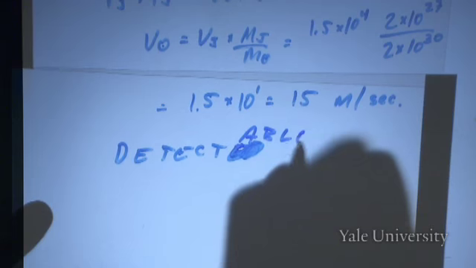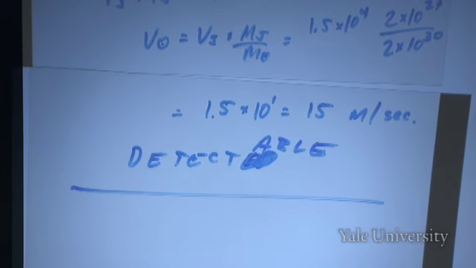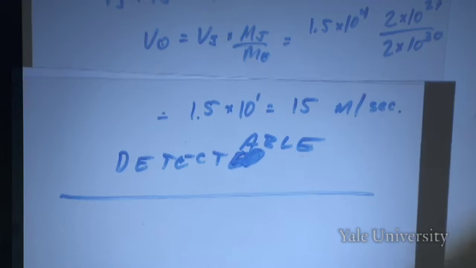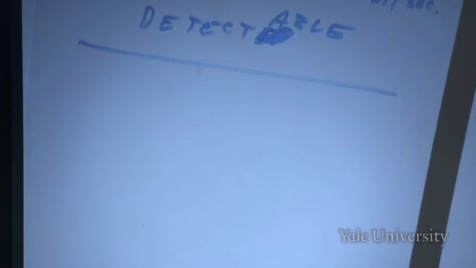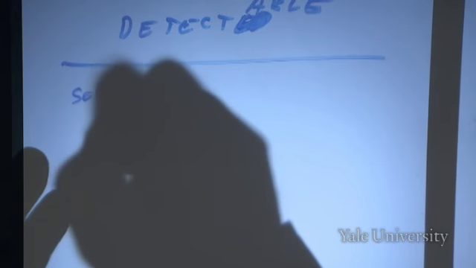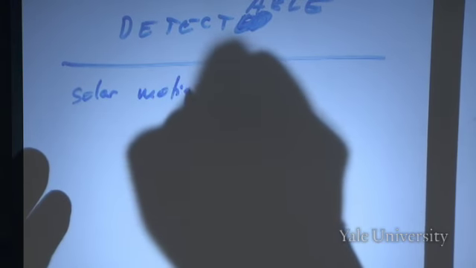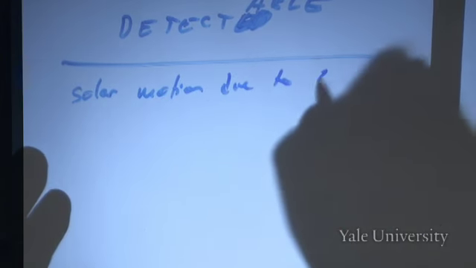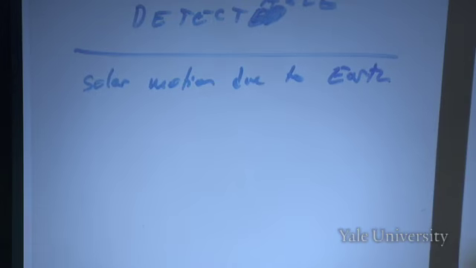Detectable, let's say, in distant stars. You can see things that move by 15 meters a second. We'll come back to how that's done in a minute. How about the Earth? Solar motion due to Earth. Now, you might think this is going to be bigger because the velocity of Earth is bigger than the velocity of Jupiter, but of course the mass is much, much smaller.